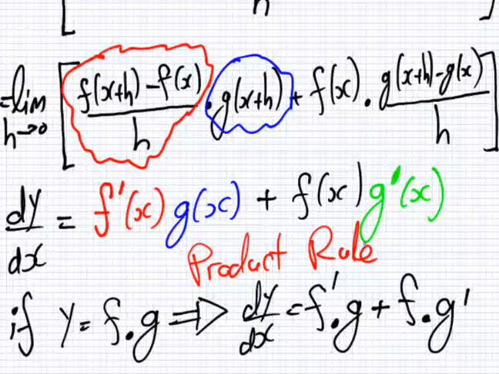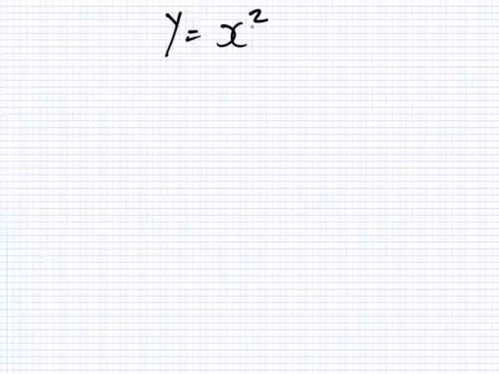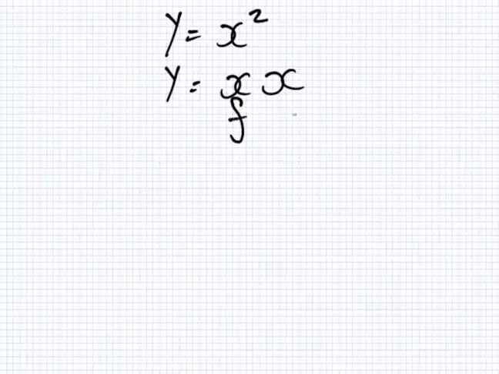Okay, down one line. So this equals the limit as h goes to 0 of [f(x+h) minus f(x)] all over h, times g(x+h), plus f(x) times [g(x+h) minus g(x)] over h as well.